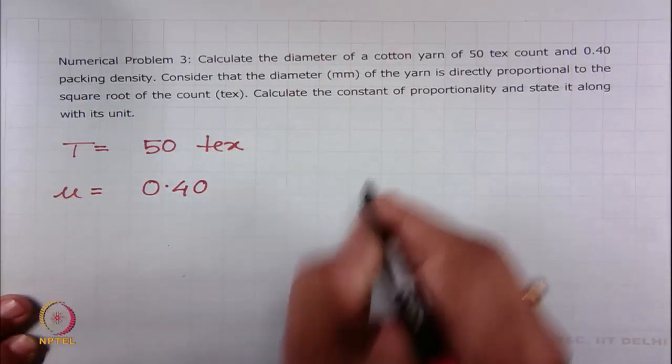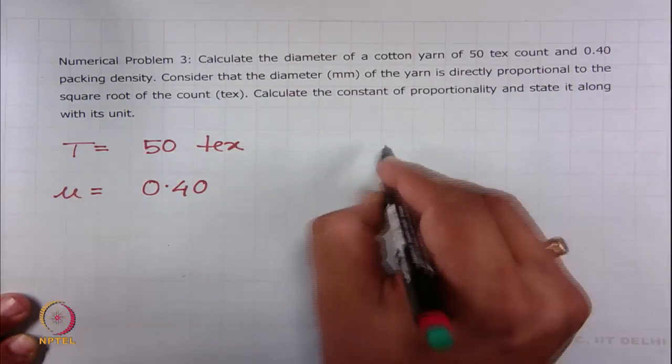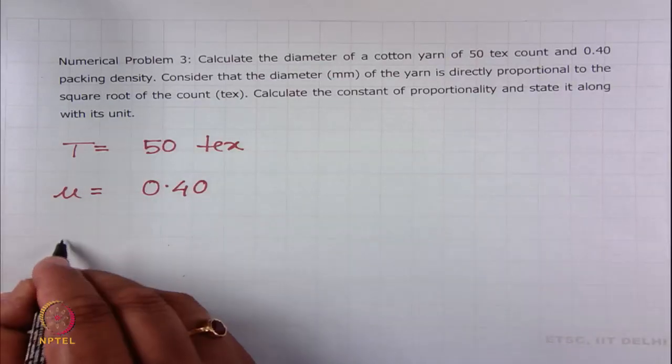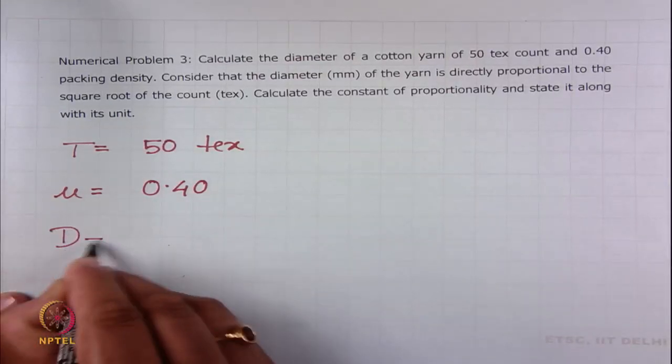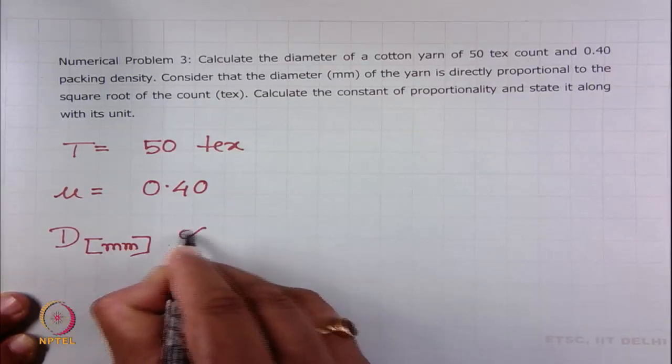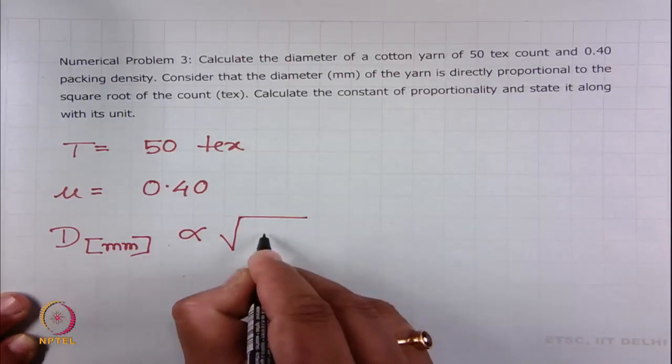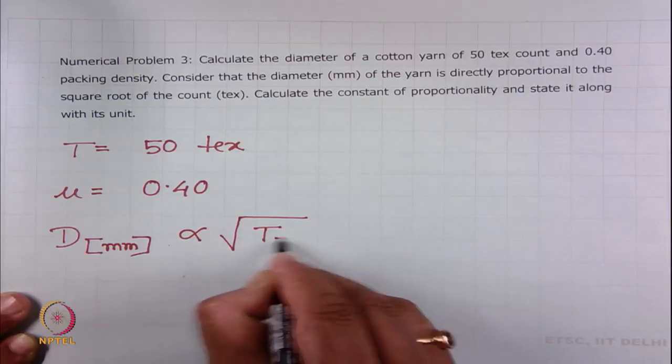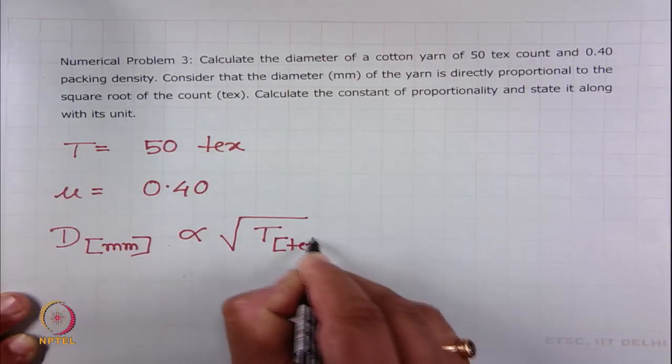Show diameter of the yarn in millimeter is directly proportional to square root of T in tex.